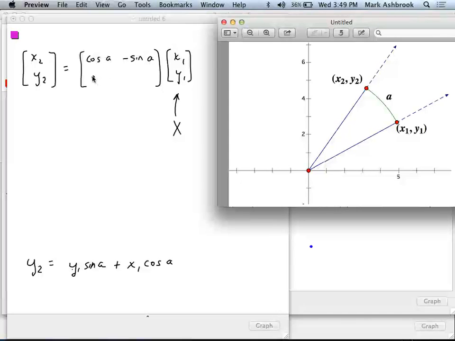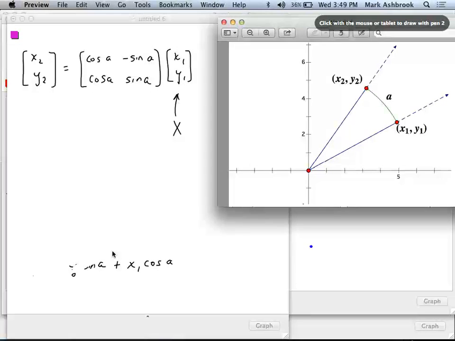So this is cosine A, that should be sine, and this should be sine A? Did we get the identities wrong? Yeah, because it should come out with sine and then cosine.